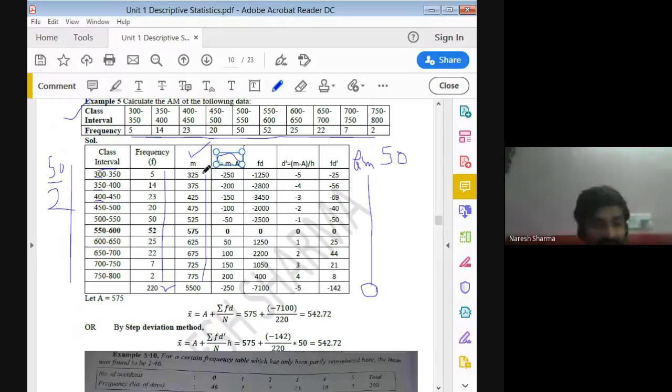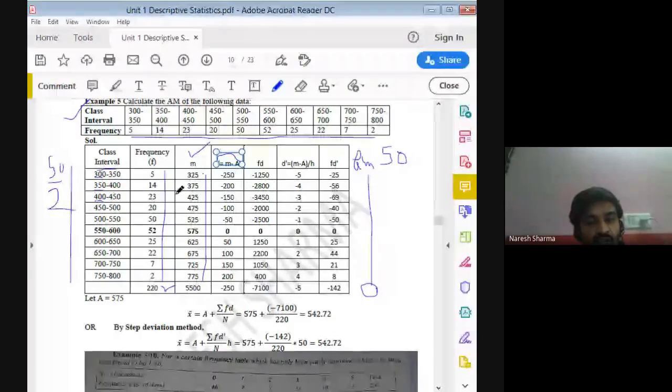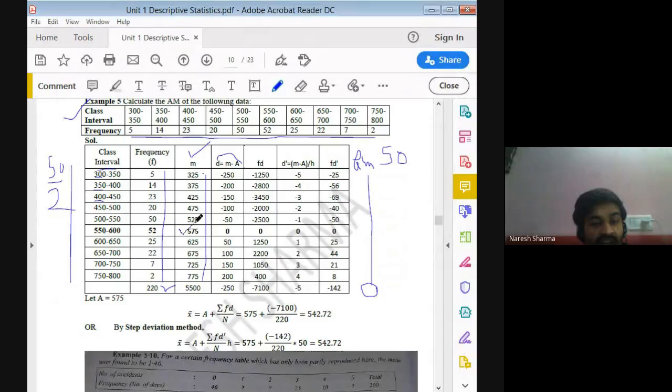So we have, see here, 1 2 3 4 5 6 7 8 9 10 entries here. So you can choose the midpoint, maybe this fifth value, you may choose the sixth value. It's your choice totally. So here we have chosen this assumed mean as 575.